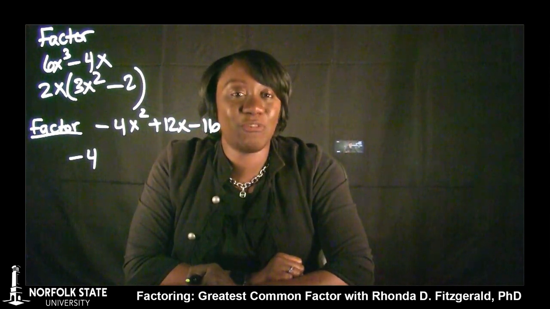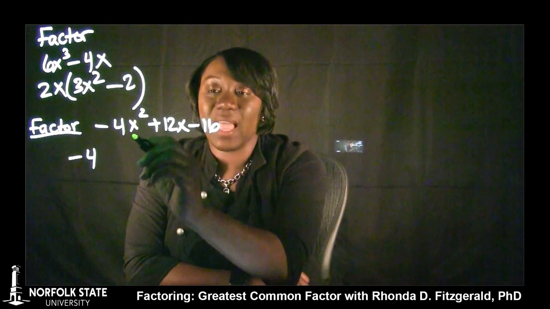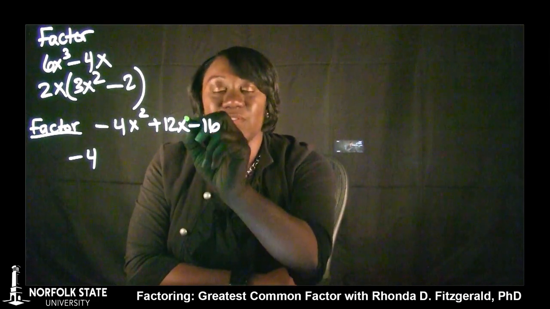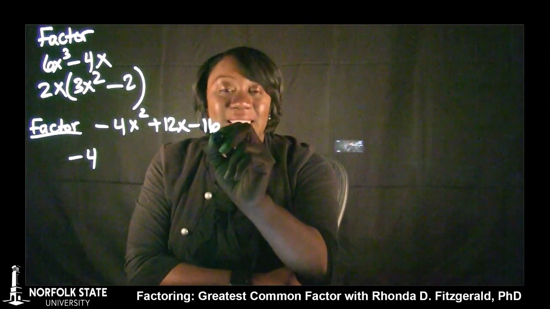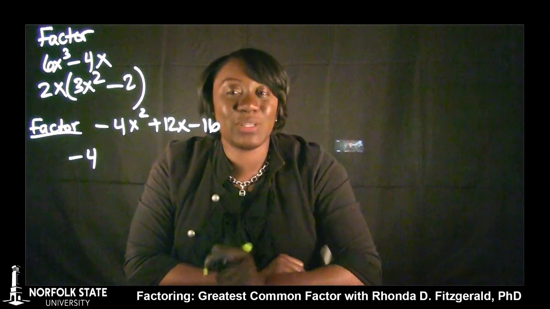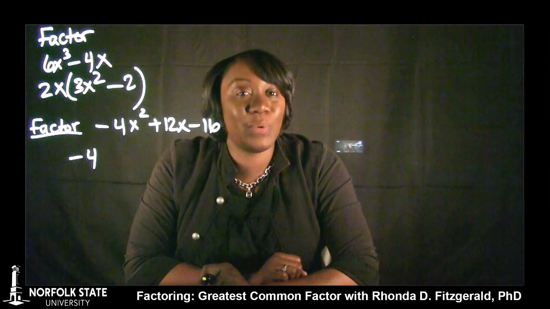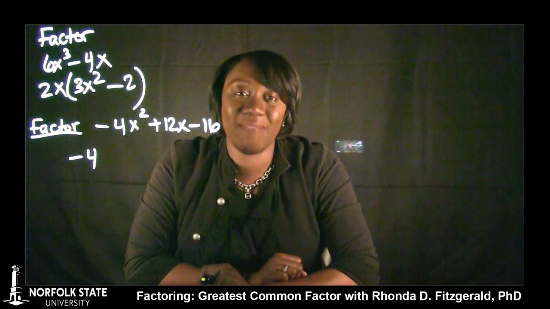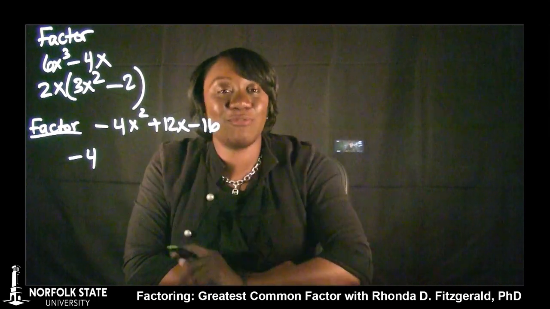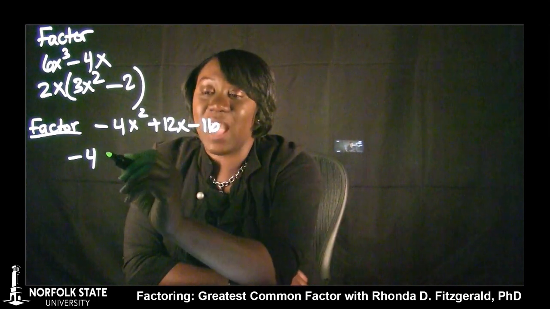Then we want to check for the variables. Here I have x to the second power, x to the first power, and 16 doesn't have an x at all. So since 16 doesn't have an x at all, we can't factor out an x. Remember, when removing the common factor, each term must have that factor. So -4 is our greatest common factor.